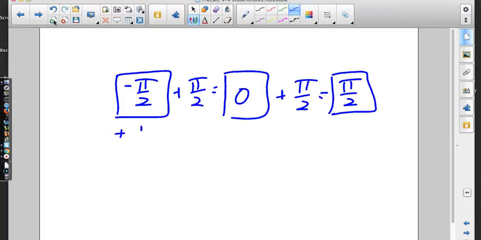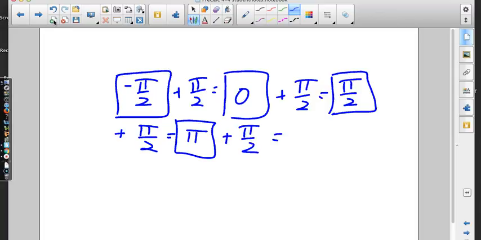And now we keep adding a pi over 2. And pi over 2 plus pi over 2 will be 2 pi over 2, which is pi. Remember, it was 2 pi over 2, so 2 pi over 2 plus 1 pi over 2 is 3 pi over 2.